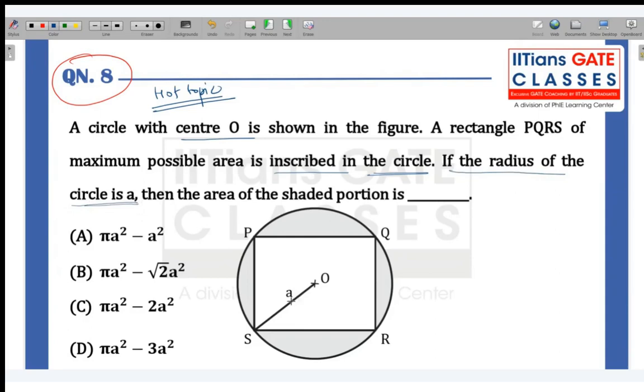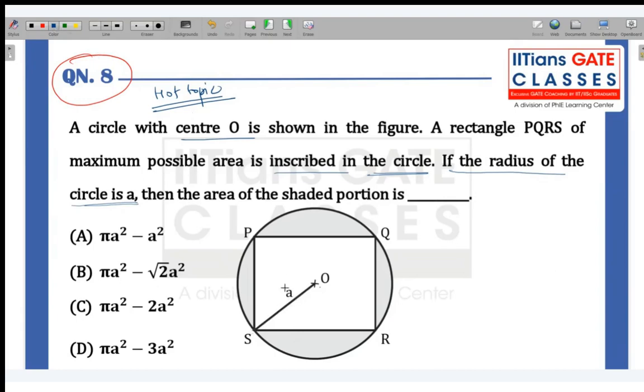What is the definition of the radius? The distance from the center to a point on the boundary; anywhere you put this point, the radius is going to be constant. So this distance between the center and the boundary is the radius here.